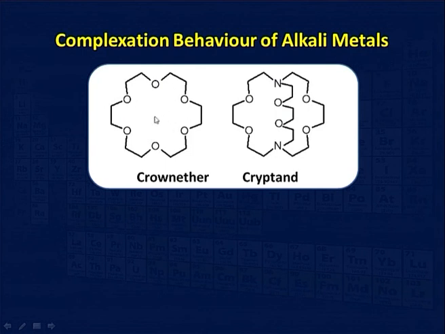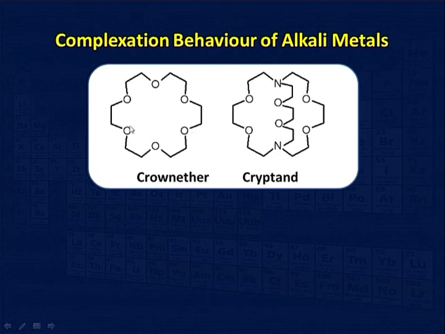Glycol is nothing but CH2OH, CH2OH, and you can have different sizes and create a cavity. See here, this is a crown ether. You can have this called 18 crown 6, which we have not written here. If you count the number of these sites or bonds, there are 18, and since there are 6 oxygen atoms, it is called 18 crown 6.